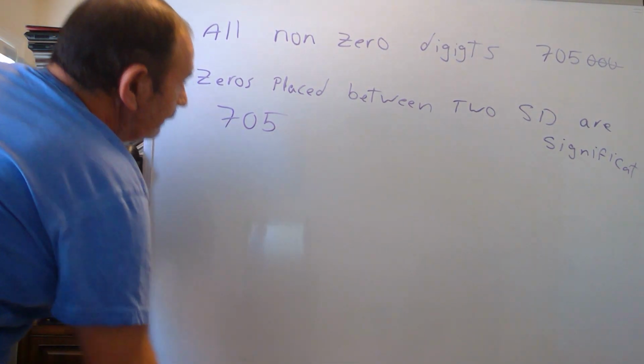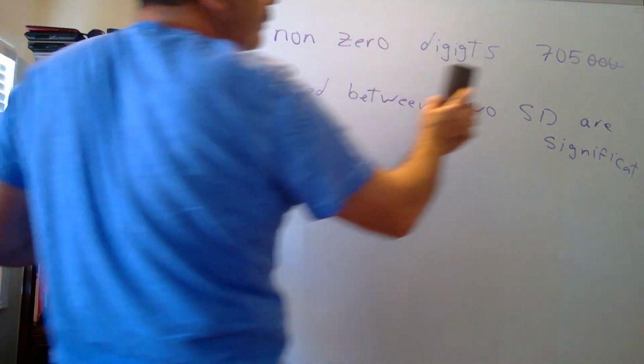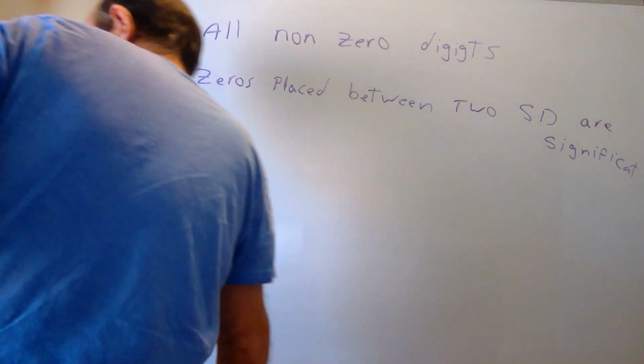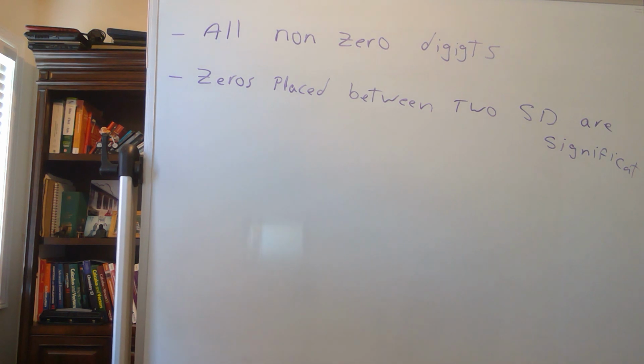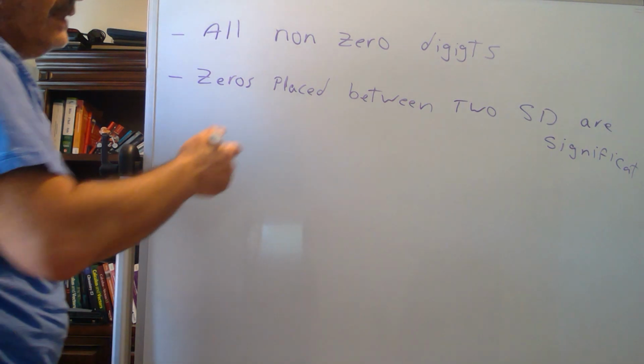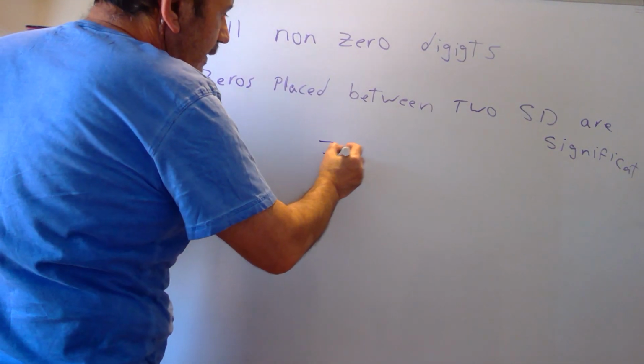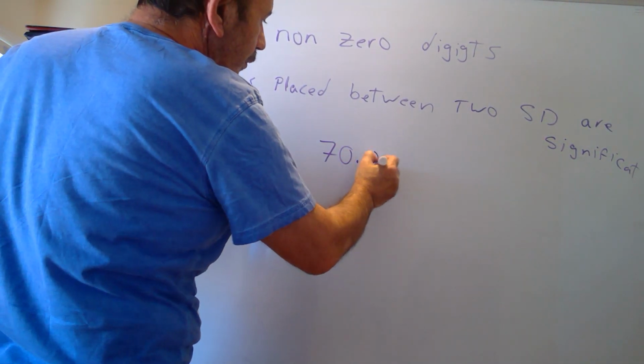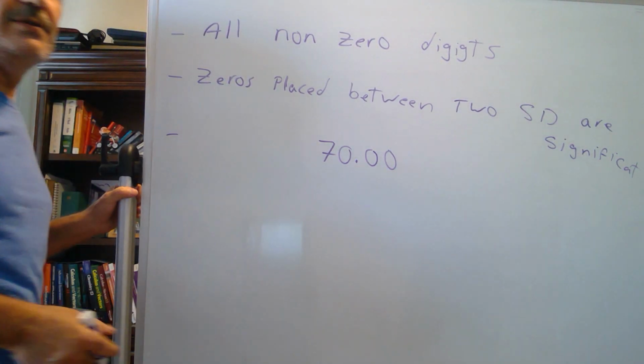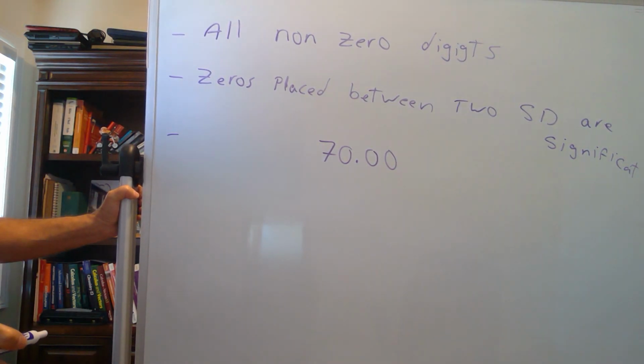The other thing, if we have zeros on both sides of a decimal, as an example, 70.00, all of these zeros are considered significant digits.